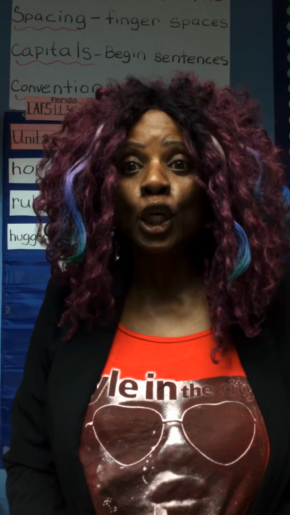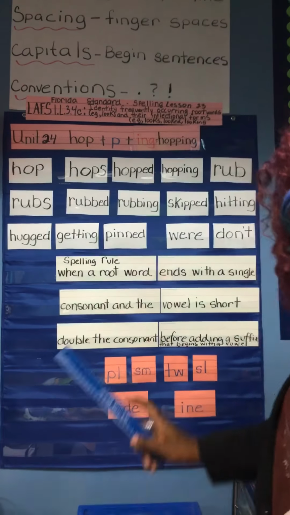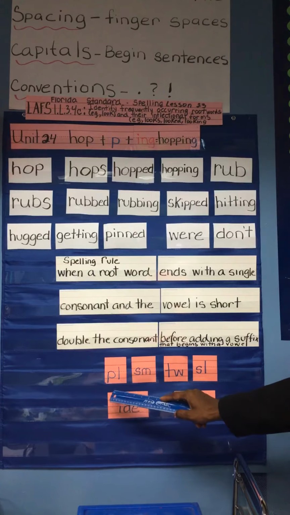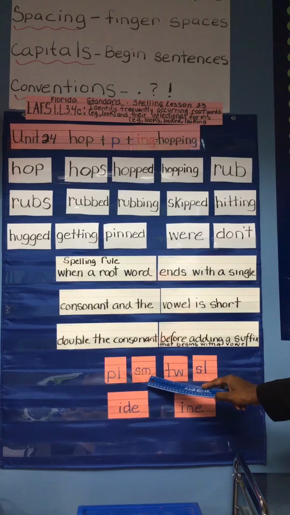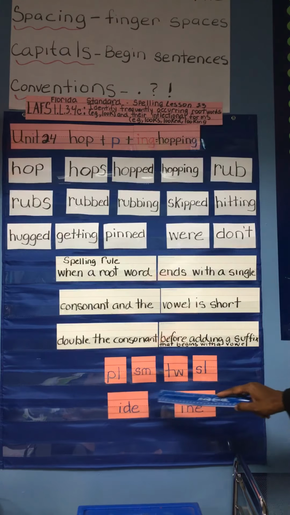We are going to learn how to add a double consonant. But before we do that, we're going to learn our blends. So let's learn our blends for this week. Pl, please repeat. Pl. Sn. Sn.